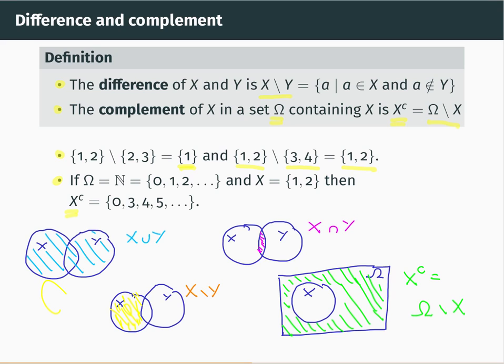Okay, those Venn diagrams are often quite useful for thinking about equalities of sets. If you're not quite sure whether one complicated expression involving unions and intersections and complements is equal to another, it can be helpful just to draw diagrams of these things and see whether they look visually the same.